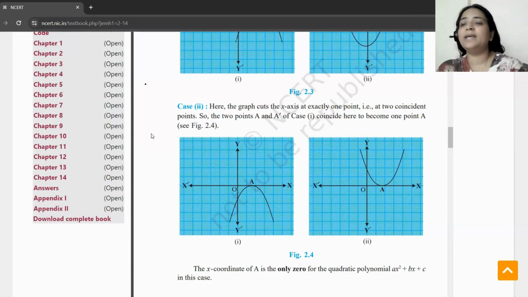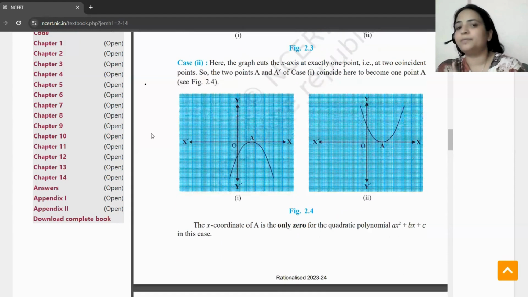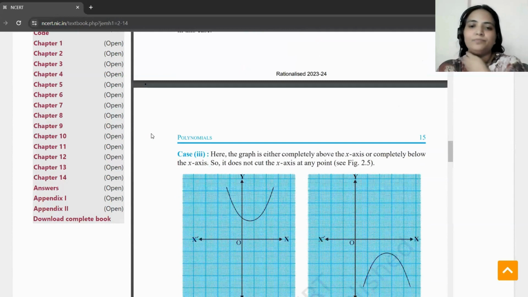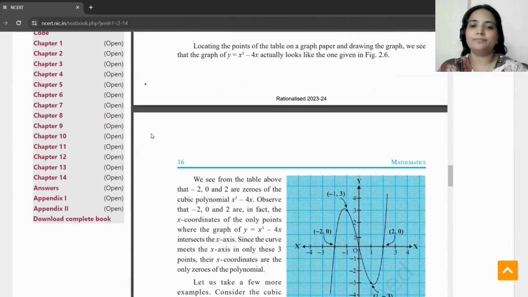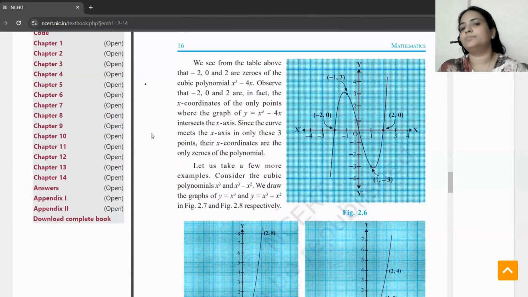Because they are touching the x-axis at just one point. Understood or not? Okay. Now, how would the cubic polynomial look then? It will look like this. It will cut the x-axis at three distinct points. Understood or not? What are those 3 points here?